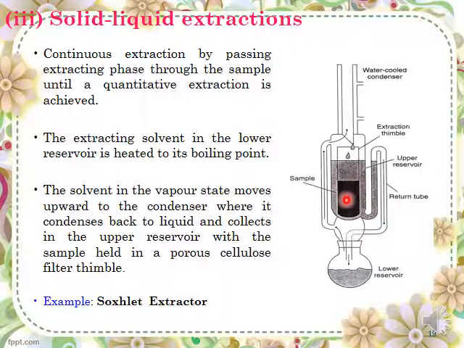Then the analyte extracts out into the solvent, and it returns from this return tube into the reservoir. This process is continuous until in the end the analyte of interest is collected here. So this is solid liquid extraction. This is the Soxhlet extractor setup.